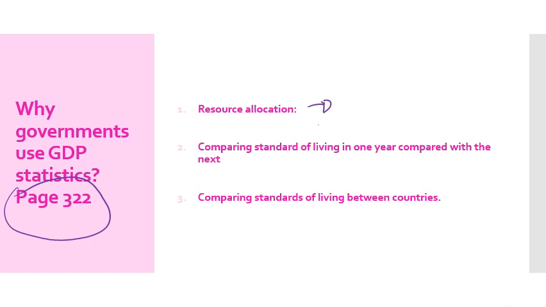let's say, for example, a government thinks its economy is producing too many consumer goods and too few capital goods, so they are producing more consumer goods than capital goods.